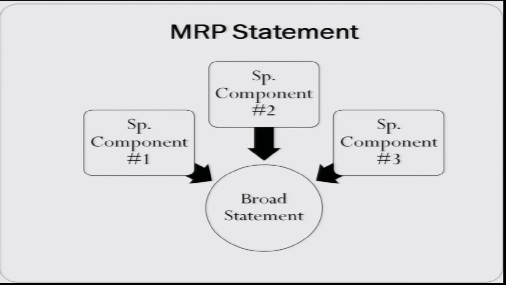One is a broad statement that helps you understand the overall problem you are trying to address. Corresponding to that, there are the different objectives or components of that problem that you need to answer, so that collectively, by answering those components, you can answer the broad statement.